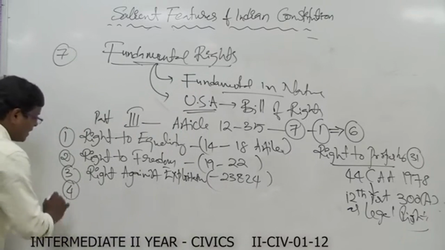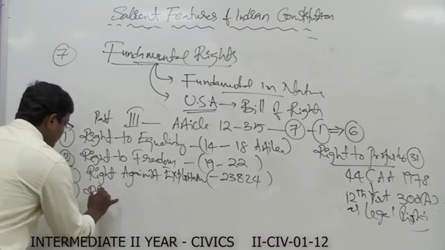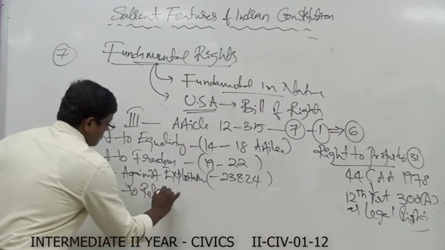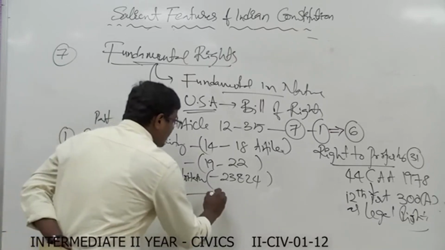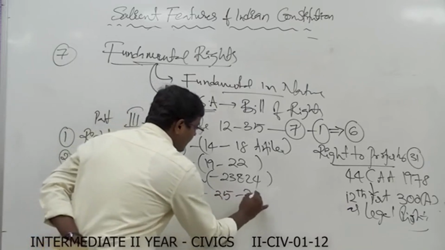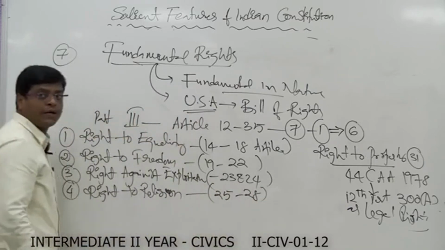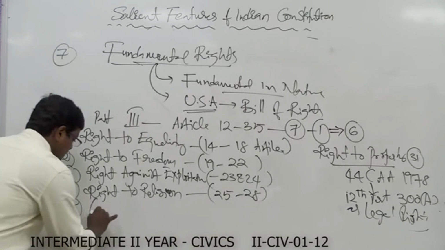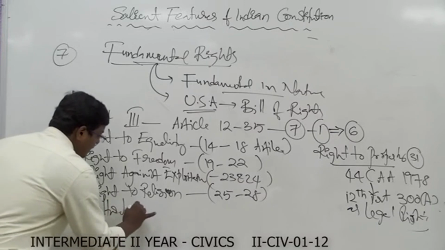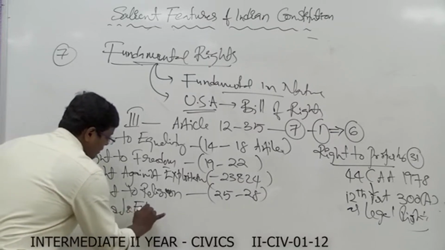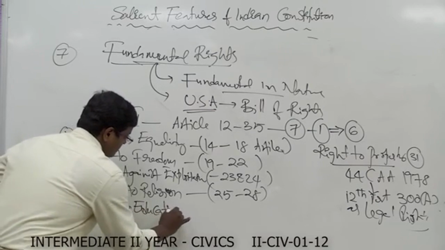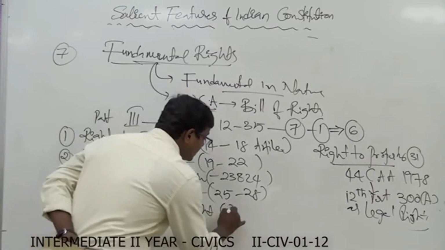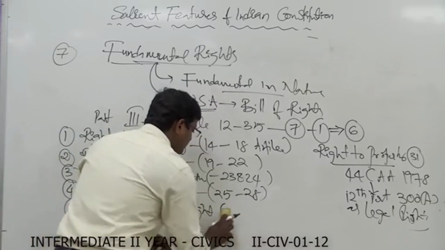And the fourth one is the right to religion, under Article 25 to 28. And the fifth one is cultural and educational rights, under Article 29 and 30.